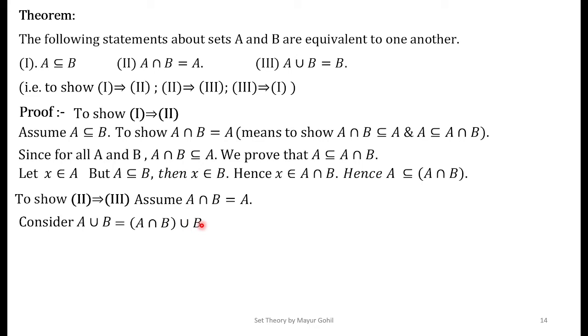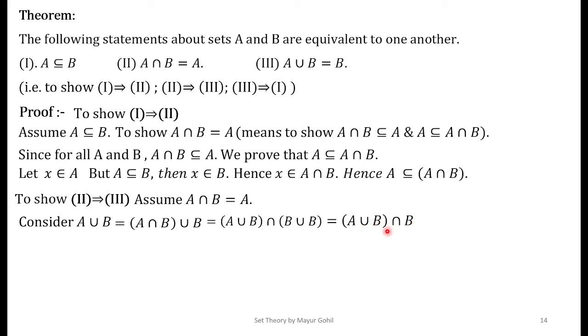Now use the distributivity law here. So this can be written further as (A union B) intersection (B union B). Now B union B is B, right? So I write this as (A union B) intersection B. Now what does this mean?